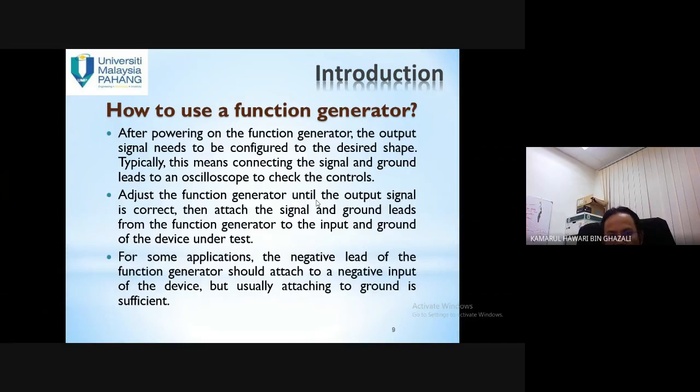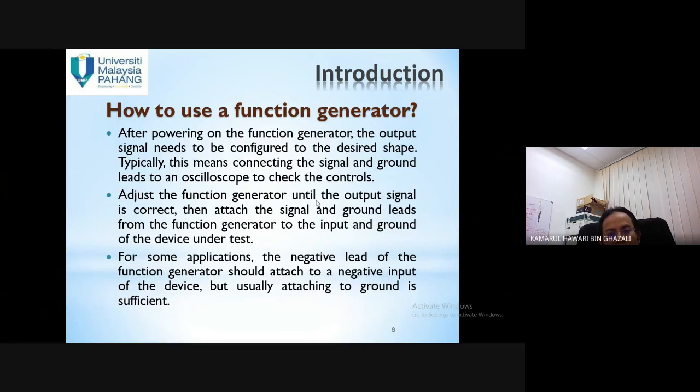How to use it? Okay, you can go to the lab and explore by yourself. After powering on the function generator, the output signal needs to be configured to the desired shape. Typically, this means connecting the signal and ground leads to an oscilloscope to check the controls. When you generate a signal using a function generator, you connect it to the oscilloscope to check whether you get all the values, all the parameters of the signal, or not.